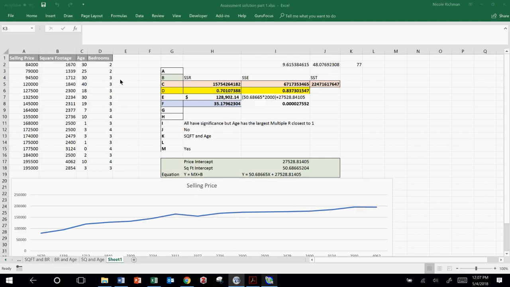There seems to be a correlation there, with higher square footage and higher selling prices at the same time, or is there an actual prediction, a causation? So for every square foot, selling price goes up X number of dollars.